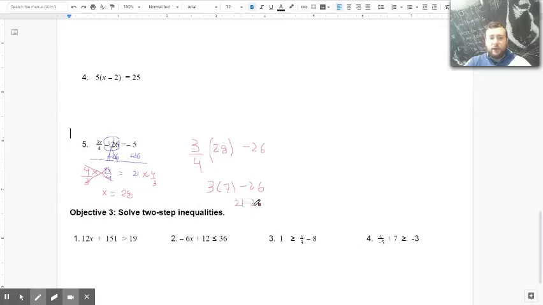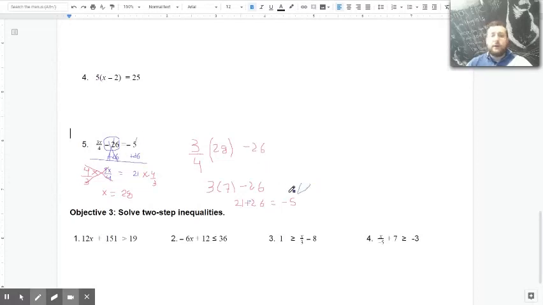So 21 minus 26. And that is -5 because their signs are different. I'm adding 2 different signs, so I'm supposed to find a difference between the numbers, which is 5, and keep the sign of the biggest, which is the -26. Happens to be negative. So that's my final answer. And it is what I was looking for. I was looking for -5.